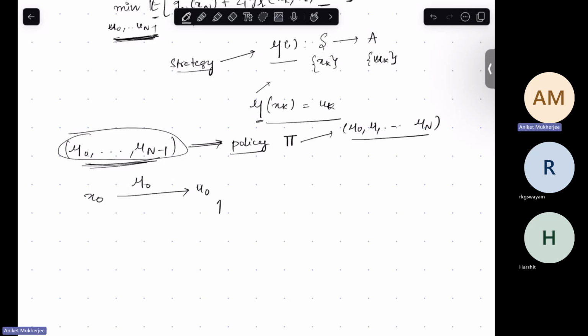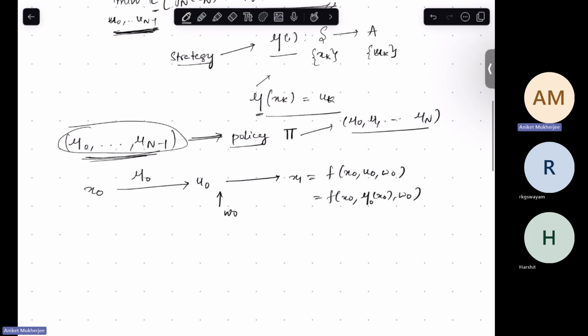Then you get w_0 from the noise, and your x_1 is realized as f(x_0, u_0, w_0), where u_0 is basically mu_0(x_0). Similarly, now you have x_1.